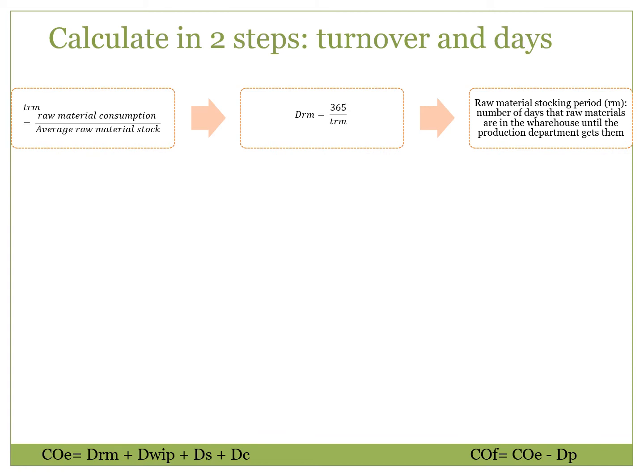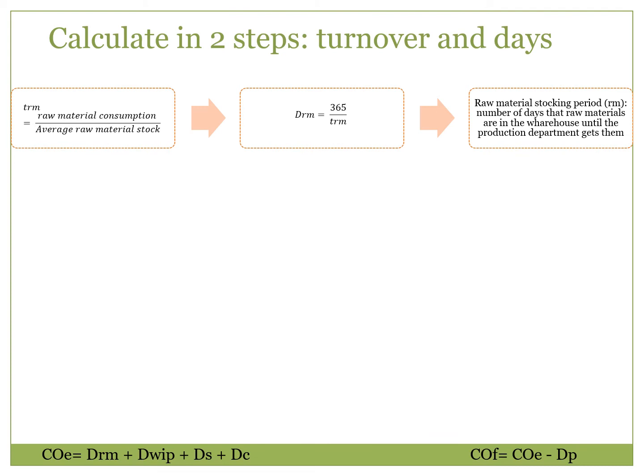So first we'll be calculating the raw material turnover, which will be the raw material consumption divided by the average raw material stock. And then we can transform that into days. How do we do that? It's quite easy. We just divide 365 days, or sometimes 360 if you prefer taking the commercial year, by the turnover.